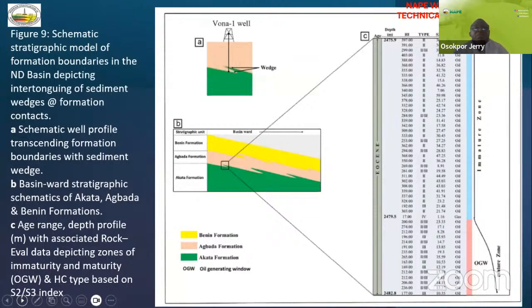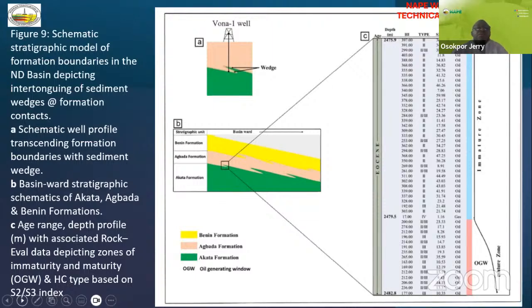Now, we know that the Agbada formation presents mainly type 3 kerogen, gas prone. Mainly gas. It has more potential to produce gas and less potential to produce oil, while the Akata is mainly oil prone.